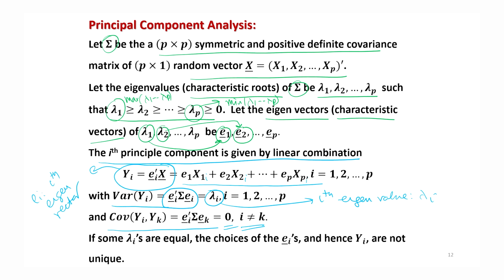So, what you have done here is found the eigenvalues and eigenvectors of the sigma matrix, and you have used them in the construction of the ith principal component yi.